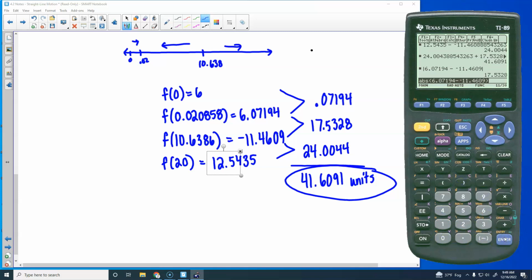It's not going to matter whenever it's absolute value. And then for the second one, if I just subtract the first one minus the second one, it's going to give me a negative number. But if you do absolute value of negative 11.4609 minus 12.5435, then that would be positive as well.